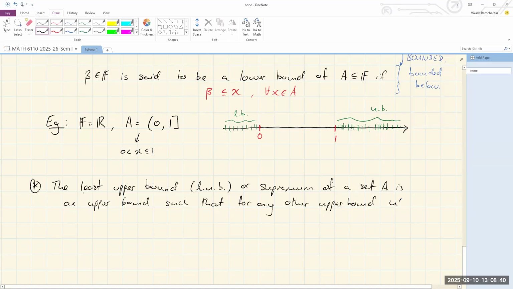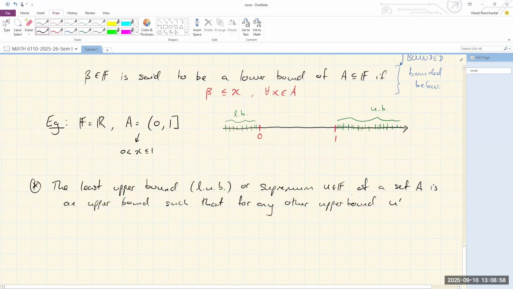I didn't say what the supremum is, the least upper bound or supremum, let's call it U, supremum U, okay? U belonging to the field.